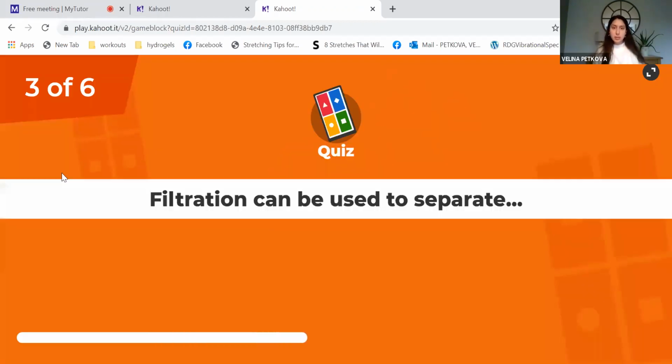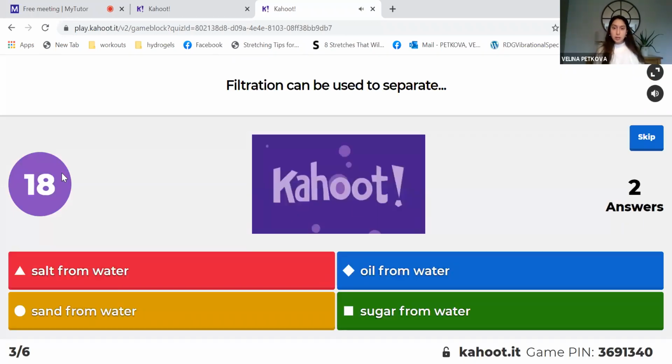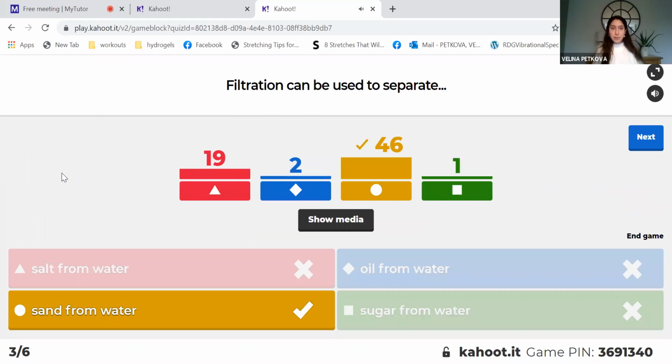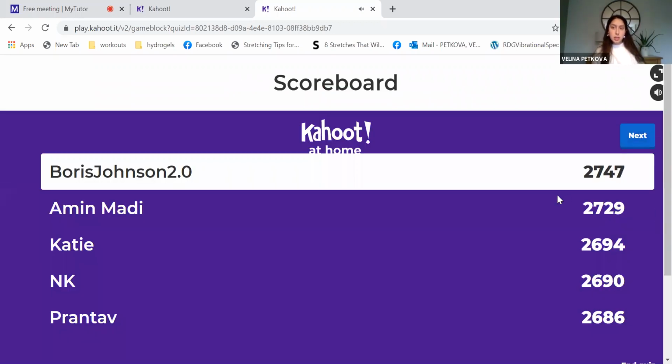Okay, so number 3. Filtration can be used to separate... Okay, brilliant. So yes, salt and water caught some of you guys out. We're going to go through the answers at the end after this. Well done for keeping that top place.